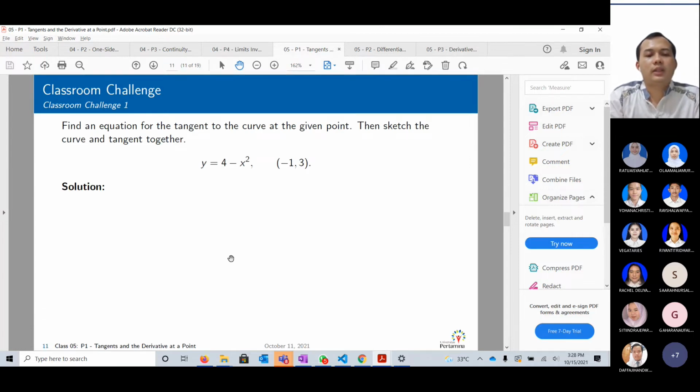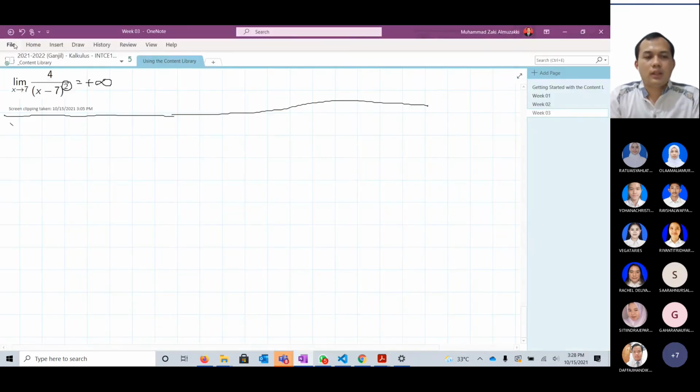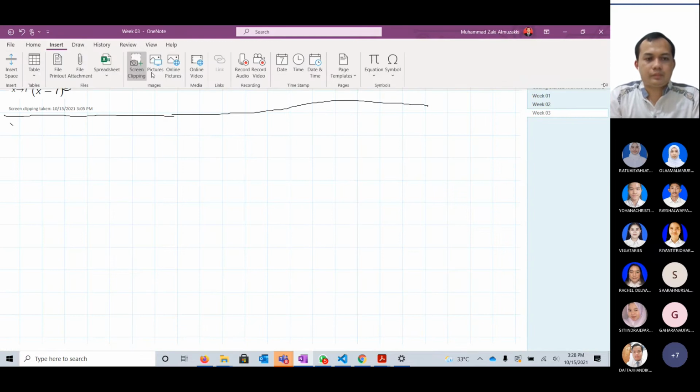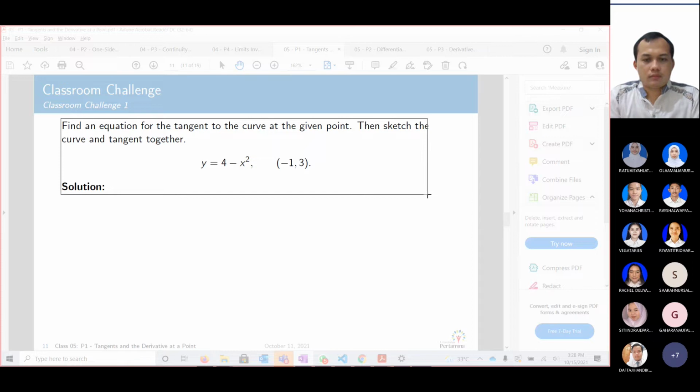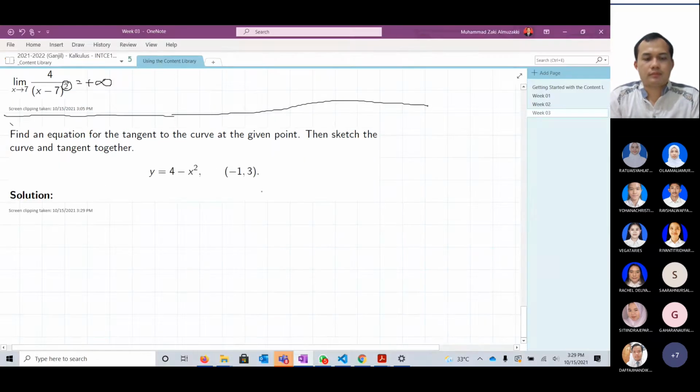Find an equation for the tangent to the curve at the given point, then sketch the curve and tangent together. Okay, how to find the tangent to the curve?